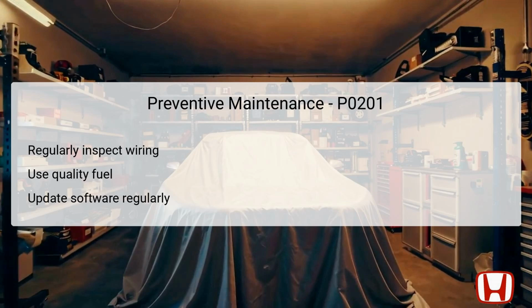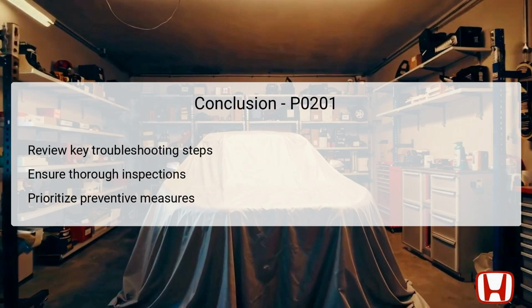In conclusion, diagnosing and resolving DTC P0201, which indicates a malfunction in the number 1 cylinder injector circuit, requires careful attention to detail and a structured approach. Reviewing the key troubleshooting steps, such as checking for continuity, inspecting wiring, and verifying performance, ensures that underlying issues are thoroughly addressed.